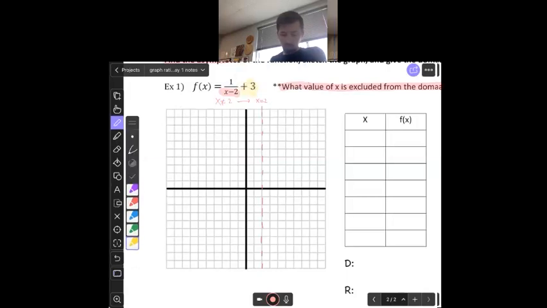So at y equals 3, we're going to draw our horizontal asymptote. I do think doing those two things is going to be the most important thing you do as far as these graphs. Is there anything you need clarity on with those two lines? They should always be dashed lines.